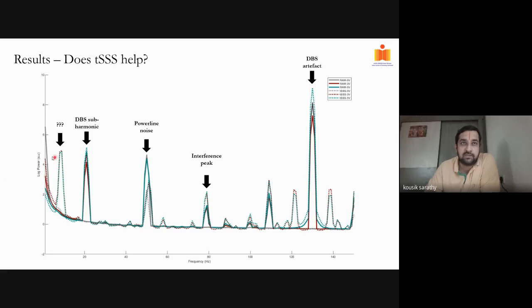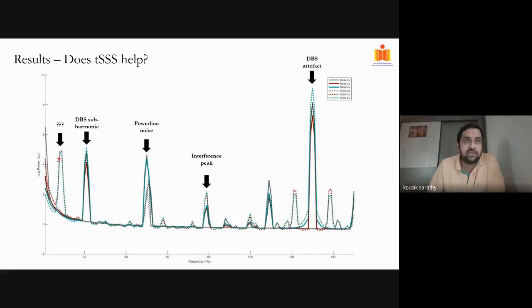And we found something else. This is not in the raw data, but it only occurs with the TSSS. So it looks like TSSS is messing up and adding some new components which are not even there to start with.